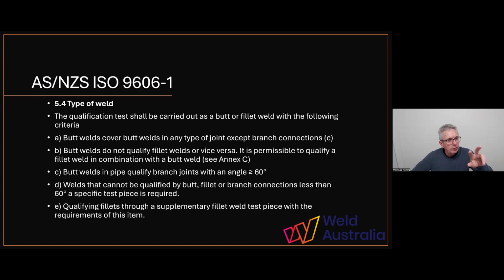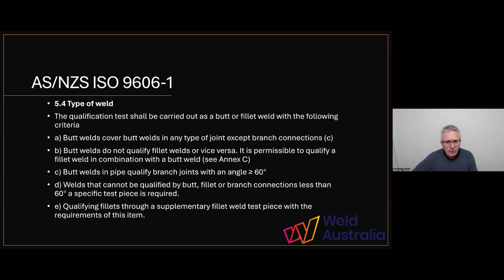So that's providing you've done the processes. So a manual metal arc one and a solid wire one with a 10 mil plate with the same consumable and everything like that, same material grouping, you'll automatically get a single layer and a multi-layer. And where it says there is the option, fillet weld position PA and PB are qualified by this test.